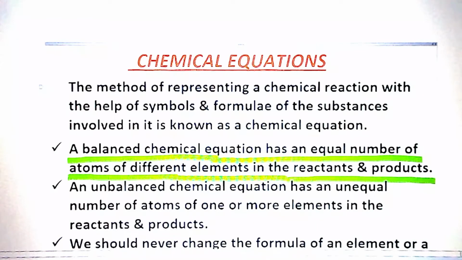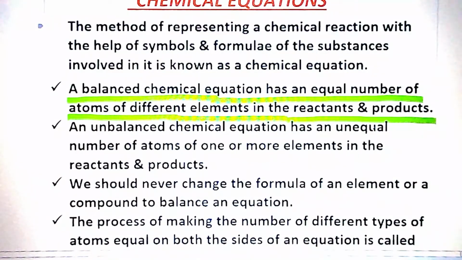Second point is an unbalanced chemical equation has an unequal number of atoms of one or more elements in the reactants and products. For example, H2 plus O2 gives H2O.